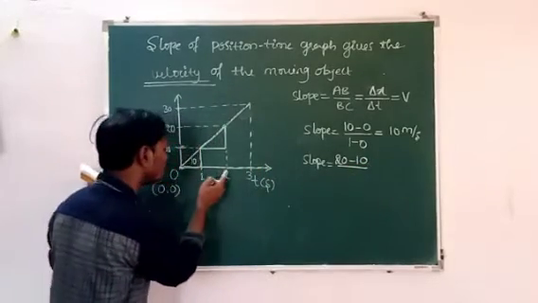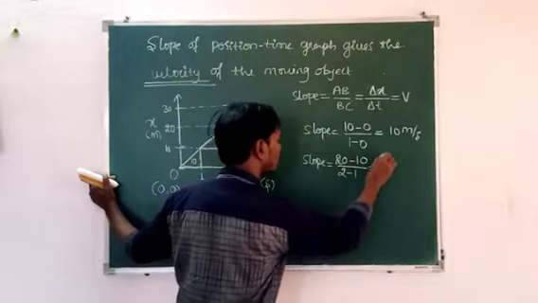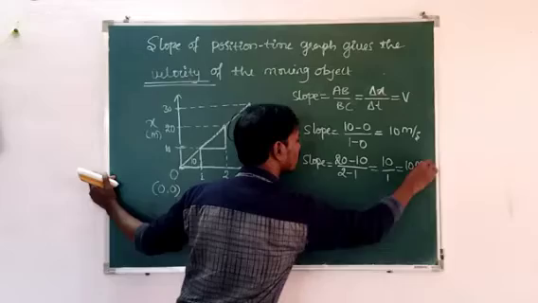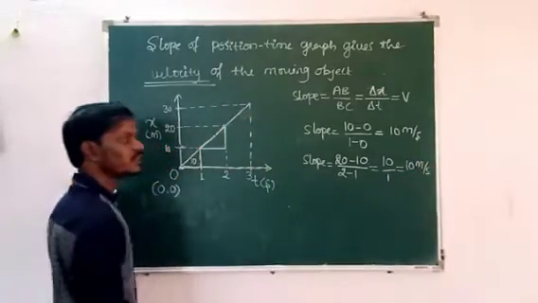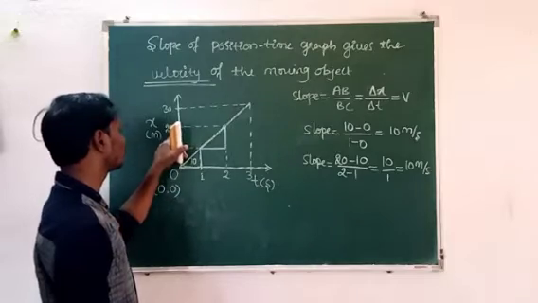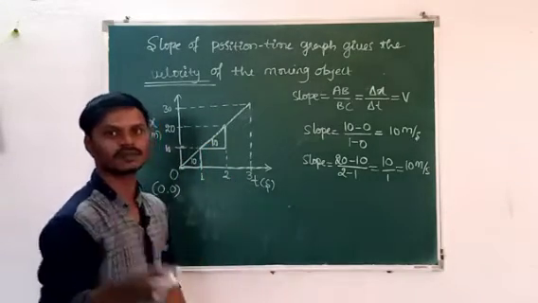Then here 2 minus of 1, that is 1. Then it is 10 by 1, then it is 10 meter per second. Then we can say the object is moving with 10 meter per second from 10 meter to 20 meter. Here the velocity of the object is again 10 meter per second.